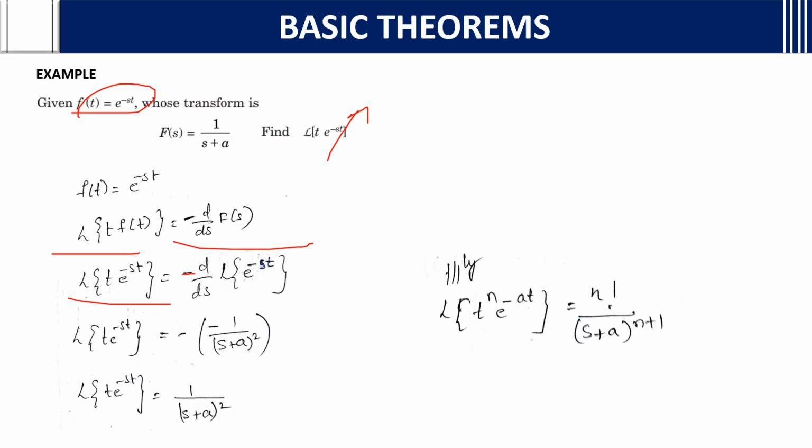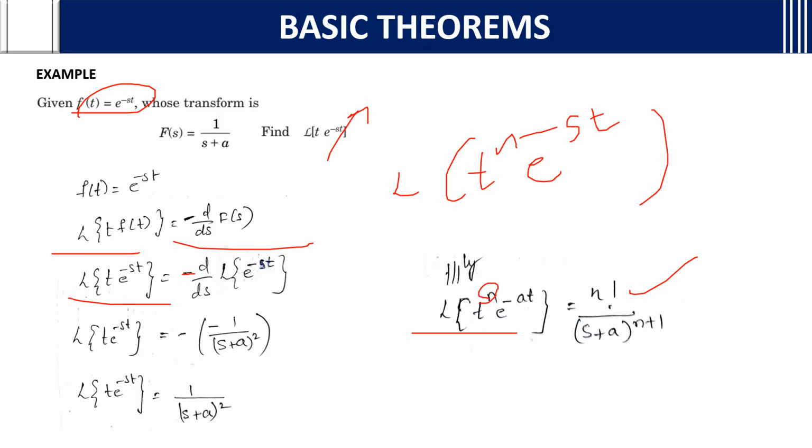Similarly, if it is t power n into e power minus at, and in the exam they ask the Laplace transform of t into e power minus at, then what can we do? The formula is n factorial by s plus a whole power n plus 1. So the same, if you see this also, t into e power minus at: 1 factorial by s plus a whole power 1 plus 1.